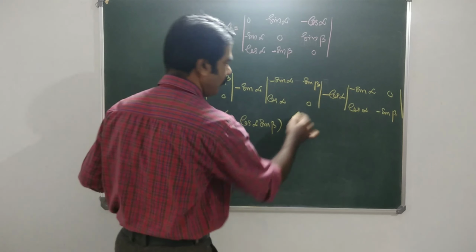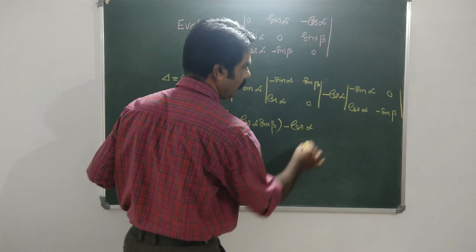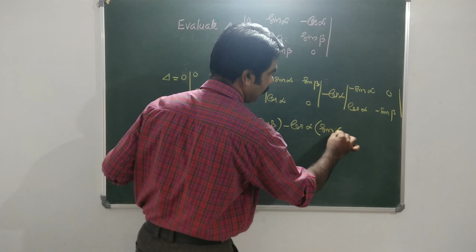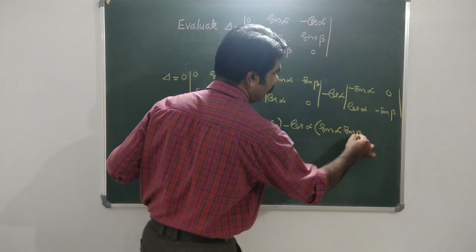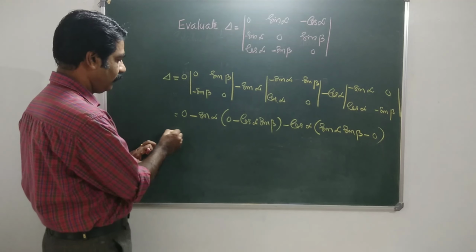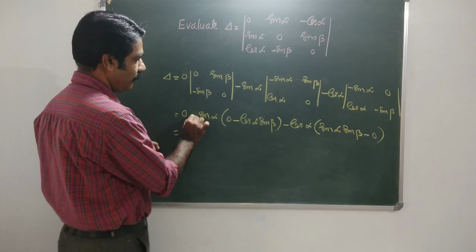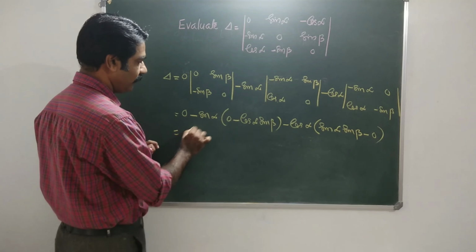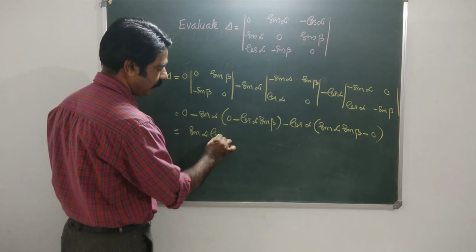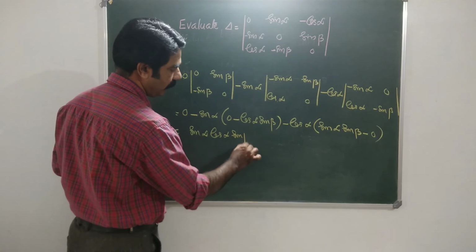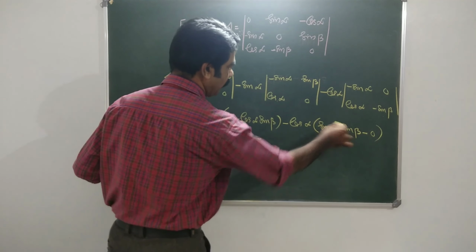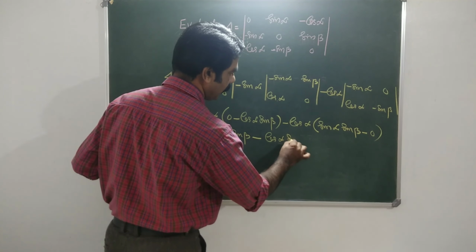Again minus cos alpha into minus sin alpha into minus sin beta: minus and minus become plus, sin alpha sin beta, minus 0 into this becomes 0. That's equal to: multiply here, minus, and here again minus become plus, sin alpha cos alpha sin beta minus cos alpha sin beta cos alpha.